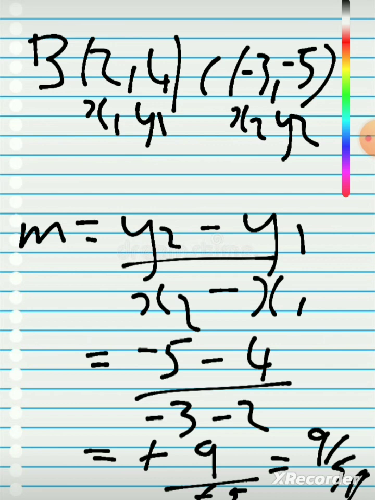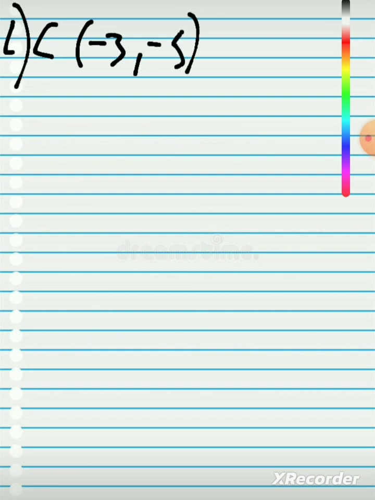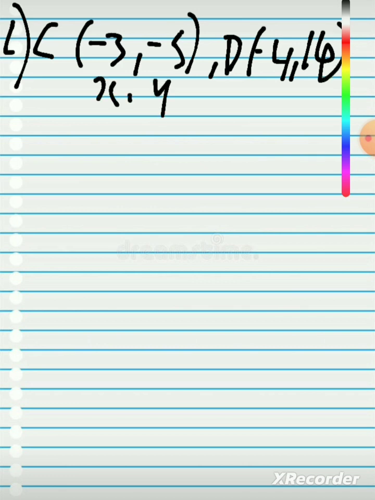We go to C. So C, we have CD, which is C is -3, -5. So this is question C. And we have D, which is -4, 14. Okay, so this is x1 y1 x2 y2.